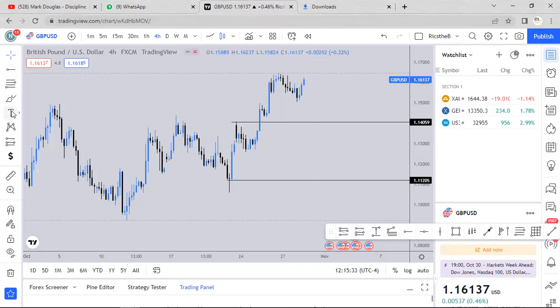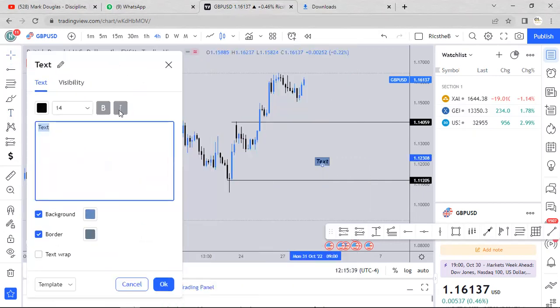So let's say for instance we took this entry, we bought at, I'm going to do a little math here. Let's say we took a buy at 1.11205. That was the buying price. Then we exited the position at 1.14059.